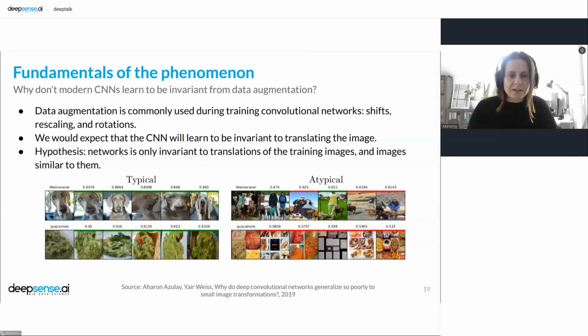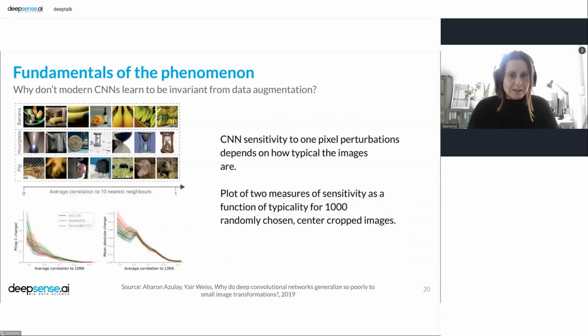Analysis of the data sets allows us to define typical and atypical images of different classes. Like here we have a typical Weimaraner and atypical examples. So the intuition is that the network will be robust to transformations of images similar to the typical ones, but not to atypical images. The tests presented here show that CNN sensitivity to 1 pixel perturbations depends on how typical the images are.